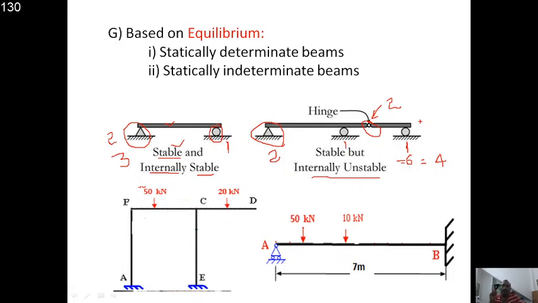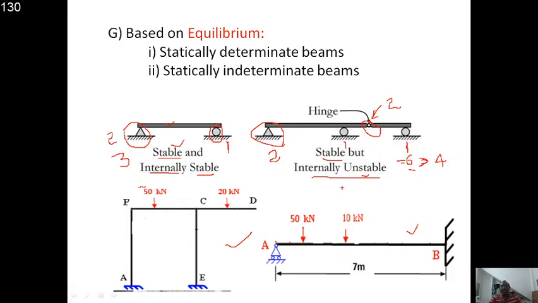We have 6 unknowns, 6 reaction components are there, hence more reactions, more stability you are given, but finding those unknowns becomes clumsy, hence it is internally unstable, right? So that is the thing we have. Similarly, you can analyze this structure also, this structure also. These are all internally unstable structures, right?